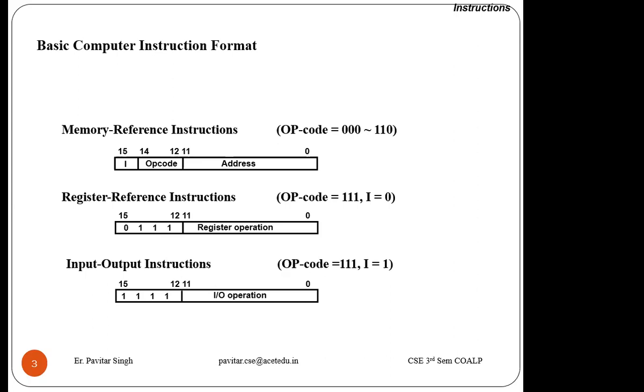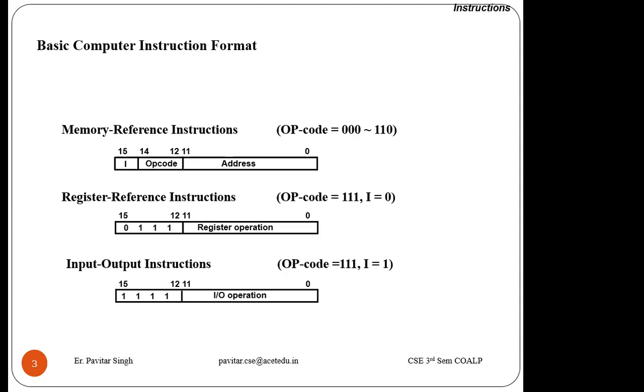Next, in case of input output instructions, the operation code's value is 111, and the value of I is equal to 1.